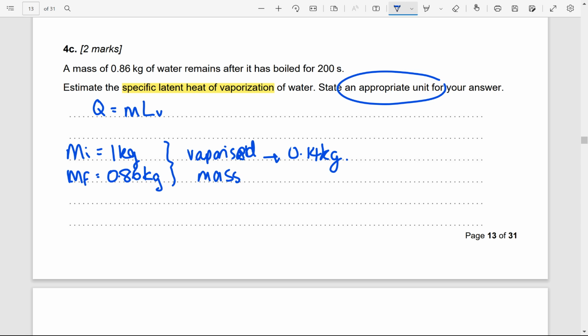Okay, so we have energy is power times time, and then divide that by the mass that is vaporized, and we get the latent heat of vaporization. So all I've done here is I've said energy is power times time.